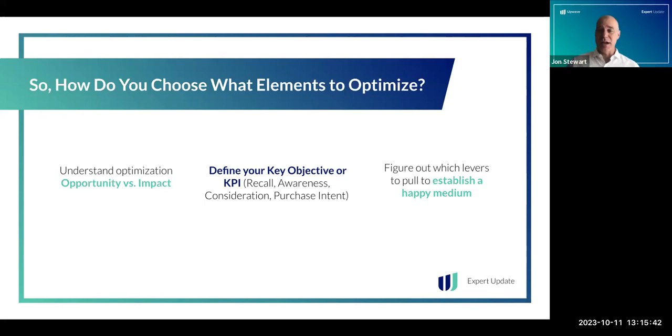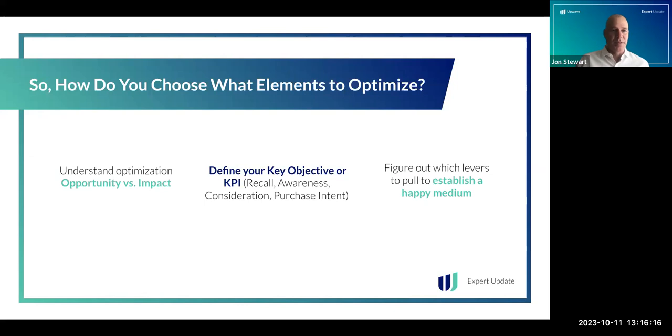Secondly, we have to figure out what our key objectives are. I tell people you have to have a brand in order to get successful measurement. That seems silly, but a lot of people want to run campaigns to do other things. That's perfectly fine, but you have to have a brand you're trying to get people to know and to feel certain ways about. And then you have to have an objective for that brand.